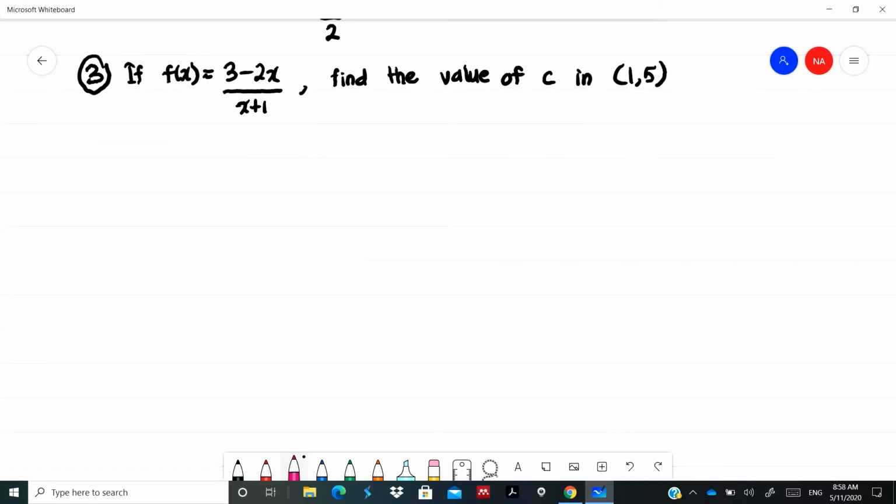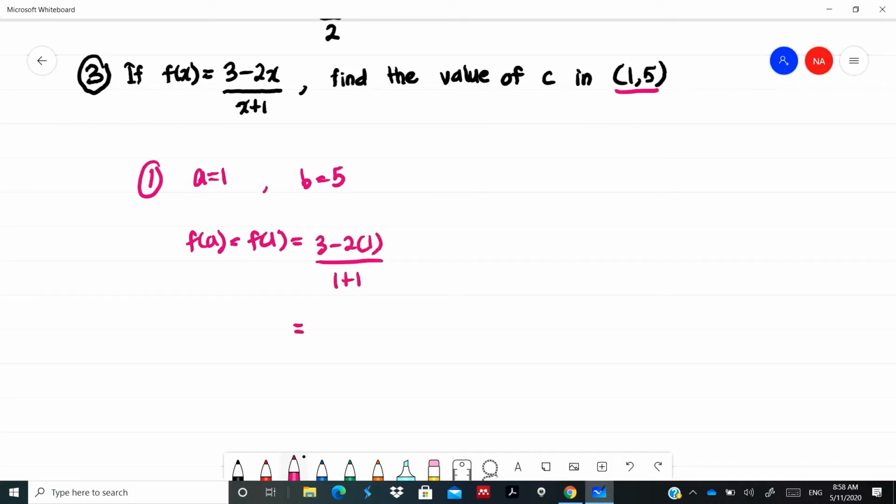We have something like this. Always the first step is to determine the values of a and b. a is equal to 1 and b is equal to 5. Next is f(a), meaning we find f(1), which is 3 minus 2 multiplied by 1, over 1 plus 1. So we have 3 minus 2, which is 1, over 2.